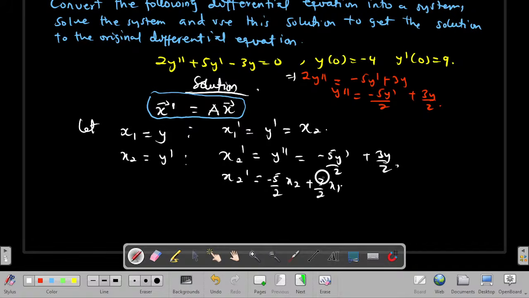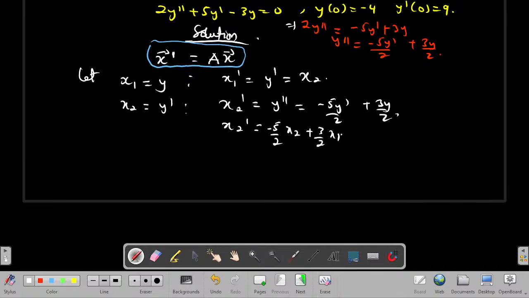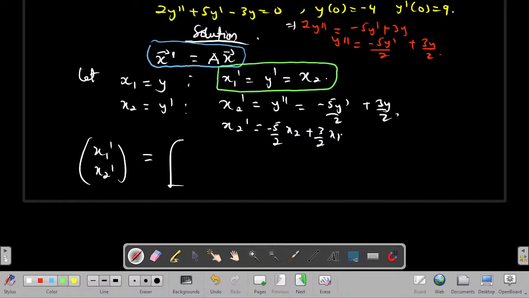So we are about to express it in matrix form. I'll have my x1 prime, x2 prime, should be equal to a certain coefficient matrix. This is my first equation, and then I have my second equation here.